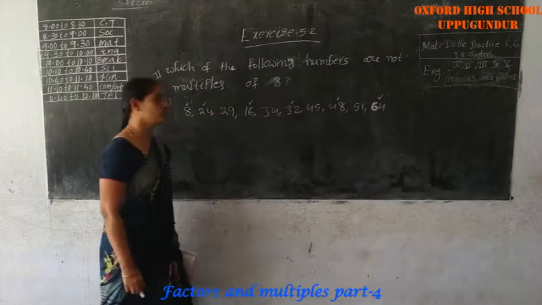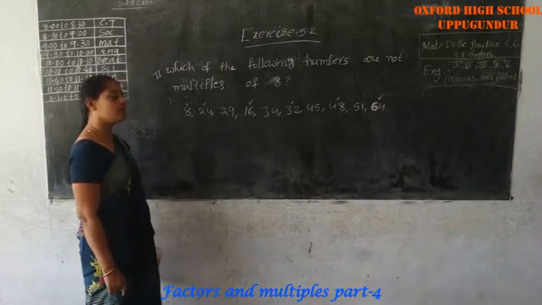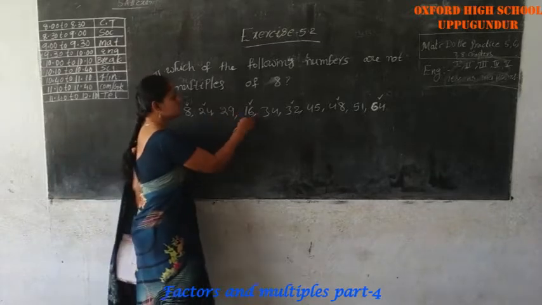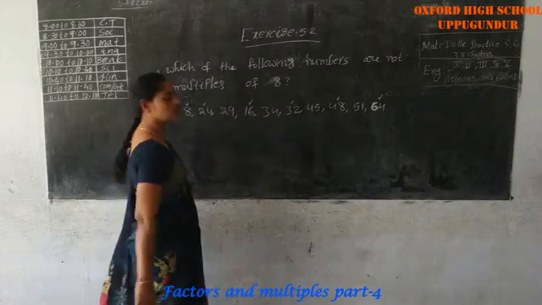These are 8 factor multiples. Remaining values are not multiples of 8.